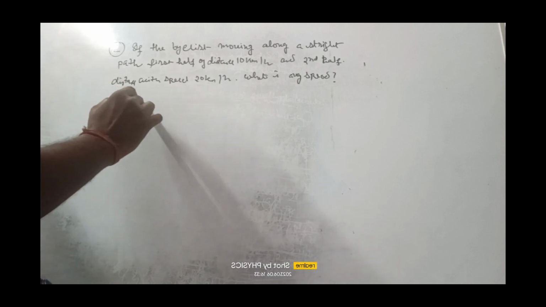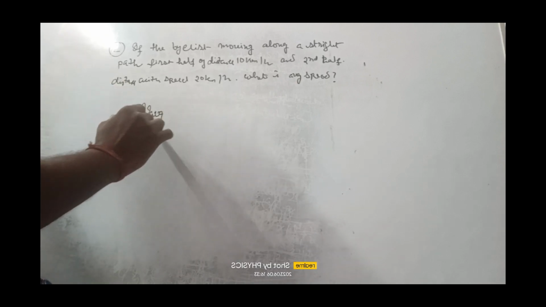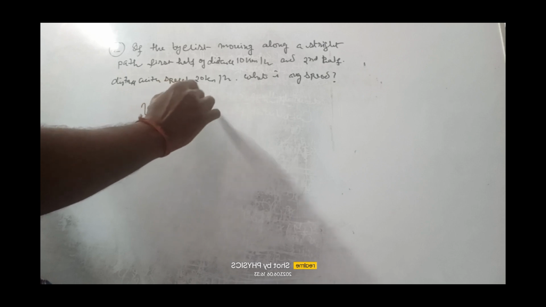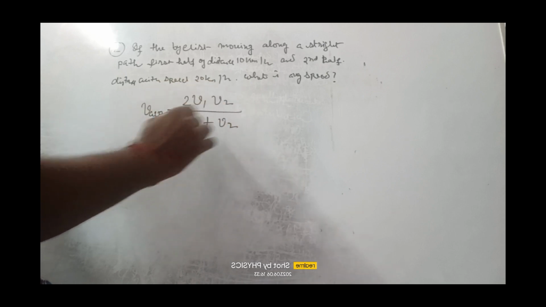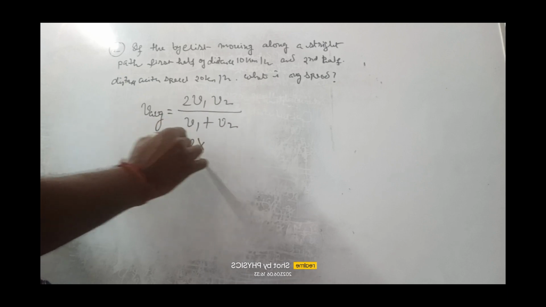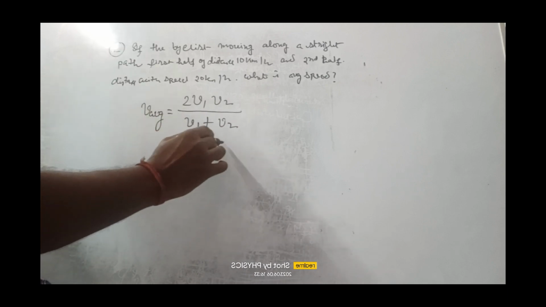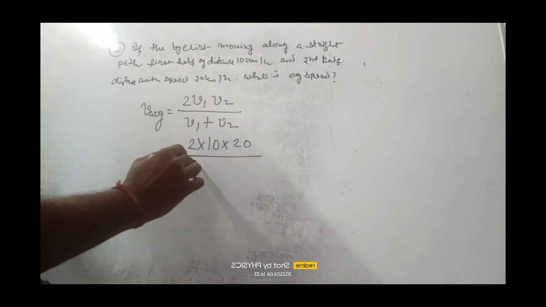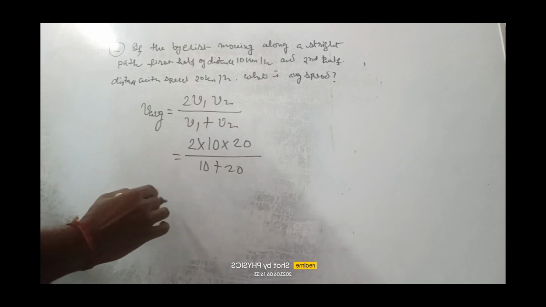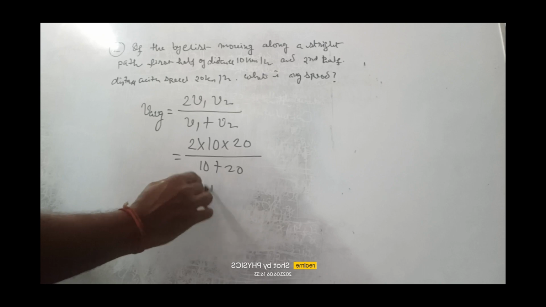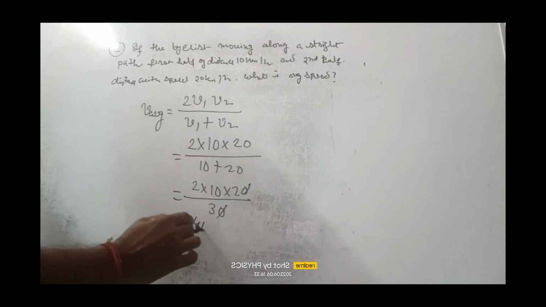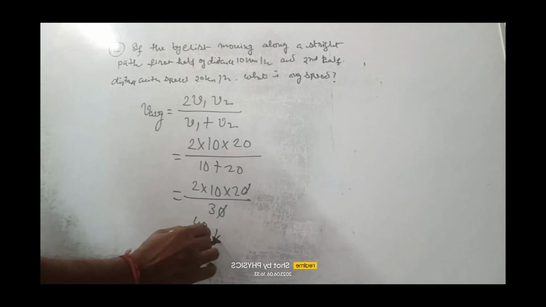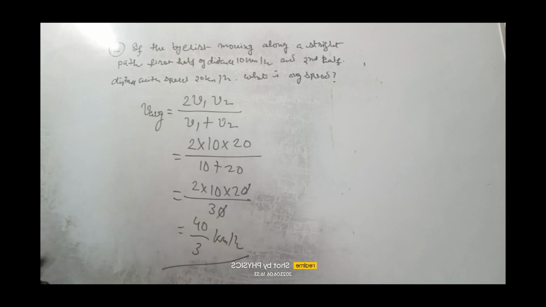So the V average is equal to 2 V1 V2 by (V1 plus V2), that is equal to 2 into 10 into 20 by (10 plus 20), that is 2 into 10 into 20 by 30. Zeros cancel out. That is 40 by 3 km per hour. That is the answer.